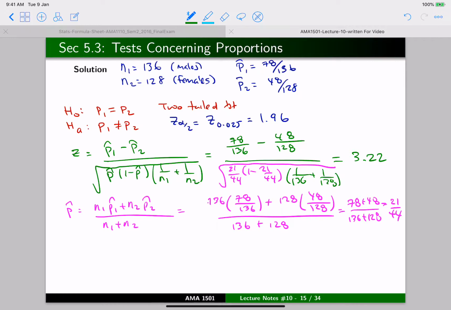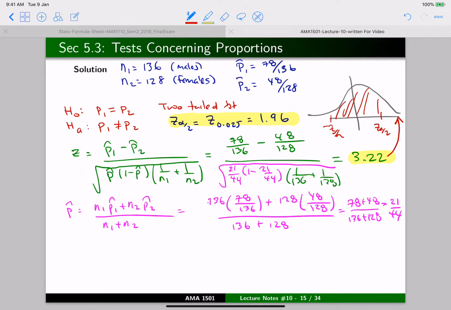Now compare this with the critical region, negative z alpha over 2 and z alpha over 2. The test statistic falls inside the critical region.